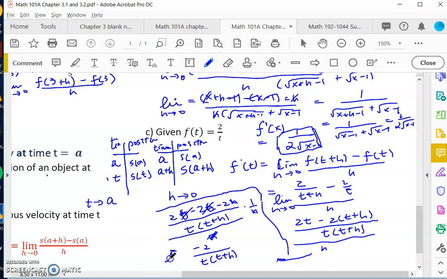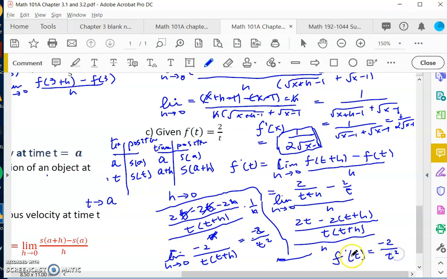Well, we still need to do the limit. We haven't done the limit. This is just factor and cancel. Now we're ready to do the limit. When you plug in h equal to 0, negative 2 over t squared. So this is the derivative function: f prime of t is negative 2 over t squared.